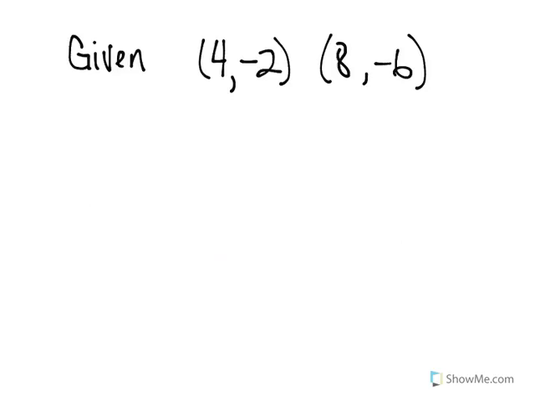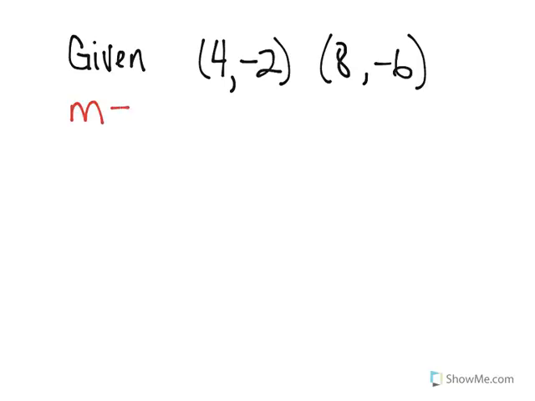Another type of problem that we might be given is if we're given 2 points on a line to find the equation of that line. So for example, in this case we have the points (4, -2) and (8, -6). So we can find the slope.